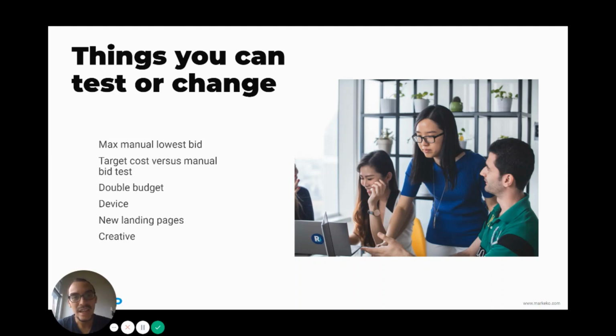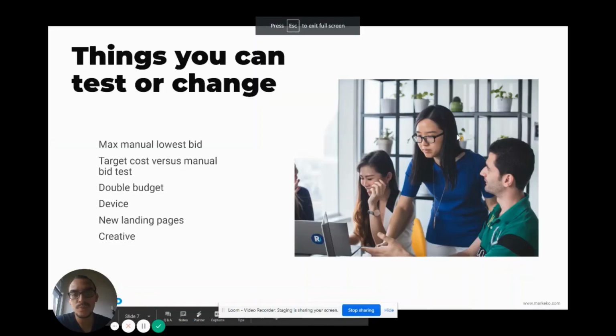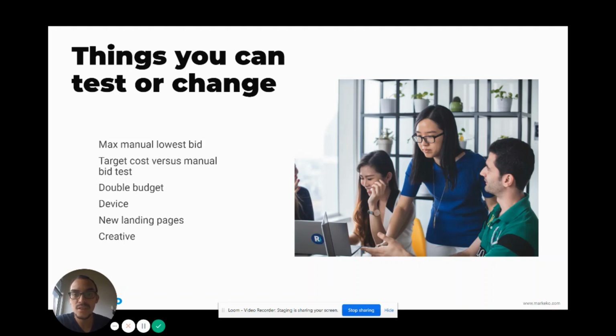You can change landing pages. So you leave everything the same, but the only thing that you're changing is you're bringing people to different landing pages to see if you have better conversions on those landing pages as well. And so by improving your cost per acquisition, you're going to get better results, better spending on your budget, right? So this is a way in which you can scale your ad sets.